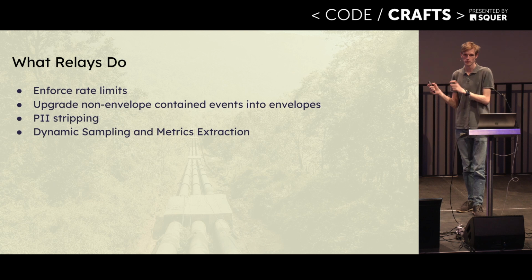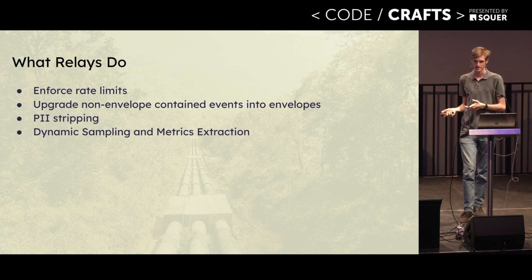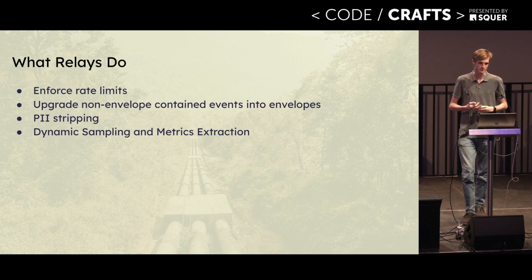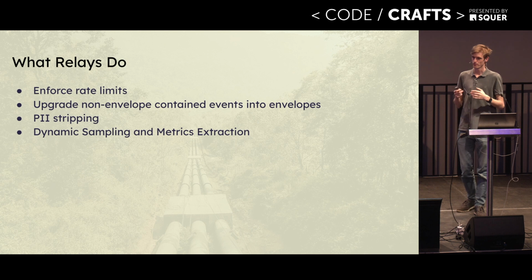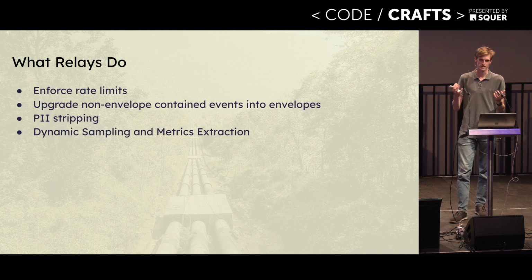And so we communicate these, what we call reset windows, back to the client, which is basically at which point you are allowed to send again. Usually we tell you to stop sending for a minute, or maybe in extreme cases for an hour. For some of the data that we don't want to forward, because we really want to keep network traffic down, we do a bunch of extracting in the relay infrastructure.